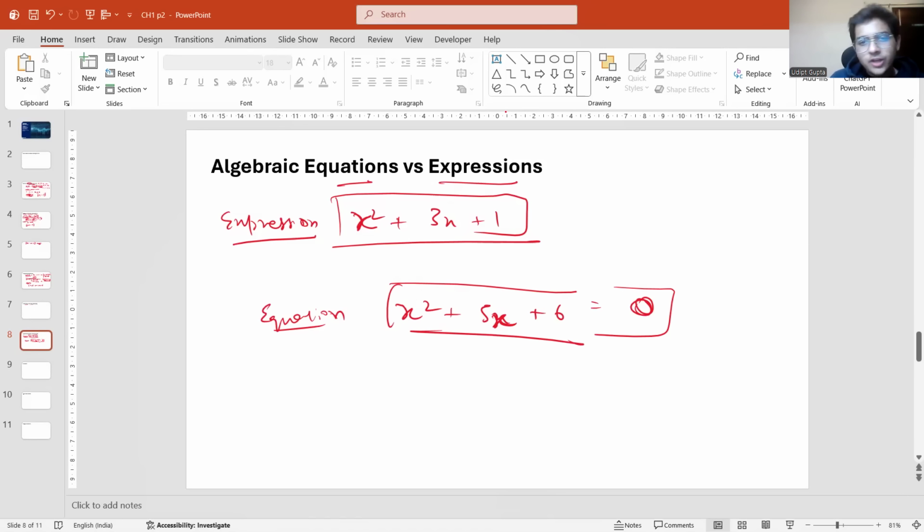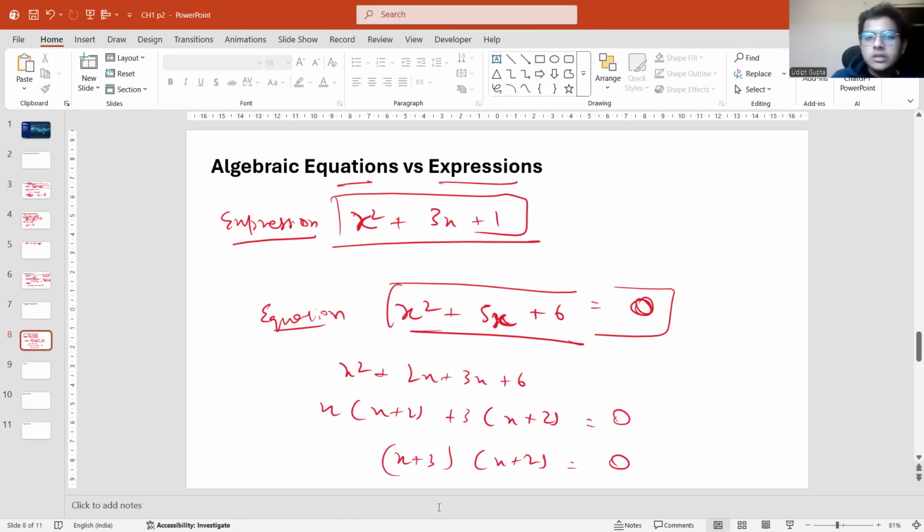How do you solve this equation? Let's say this is solved by x square plus 2x plus 3x plus 6. I take x common, x plus 2, and 3 common, x plus 2, and then I get 0. And then I have x plus 3 into x plus 2 is equal to 0.